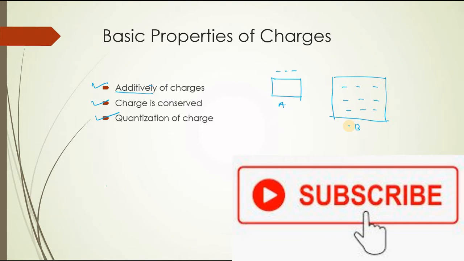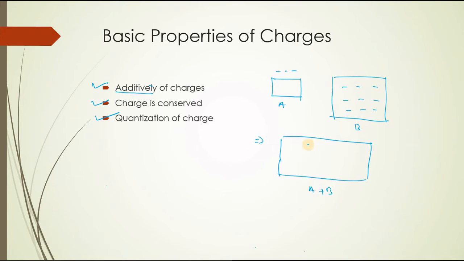If the material is the same and the property of the material is the same, then if you combine A plus B, the net charge on the system will become 9 charges. That is called the additivity of charges.